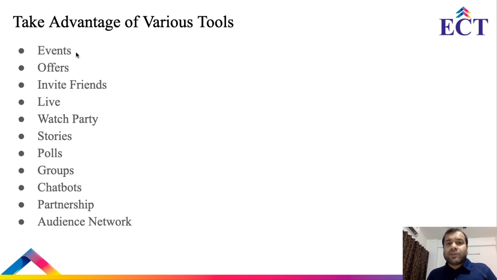So for example, events. Suppose you are doing a webinar or some online event. The advantage is that once people show interest in attending or joining the event, the social media network will give them a notification the moment the event starts. They will get a notification that 10 minutes to go, or the event has started, join now.